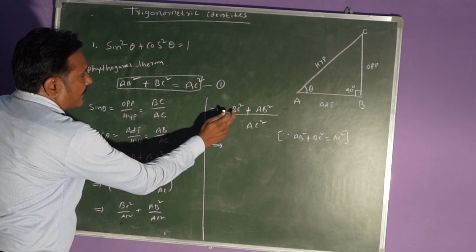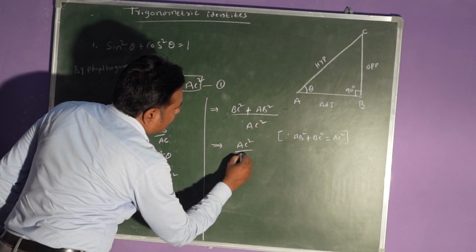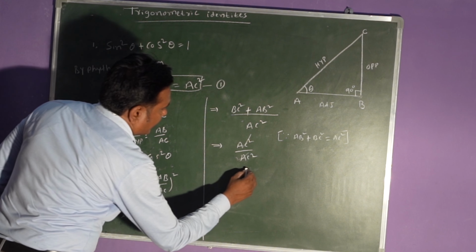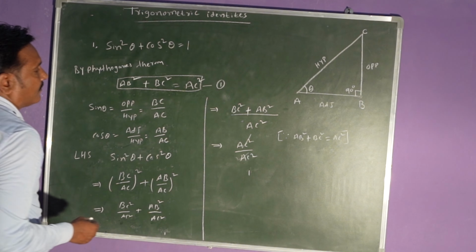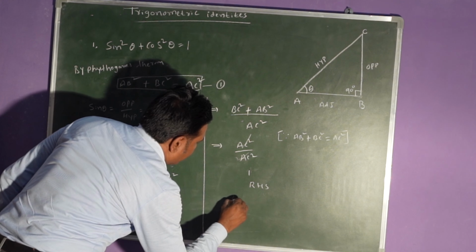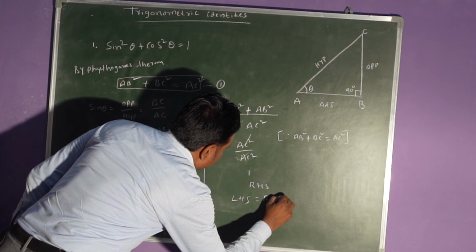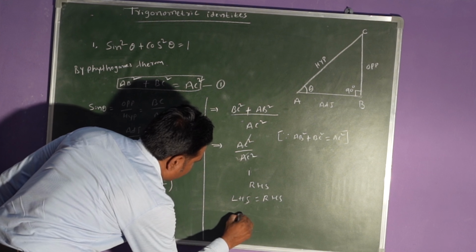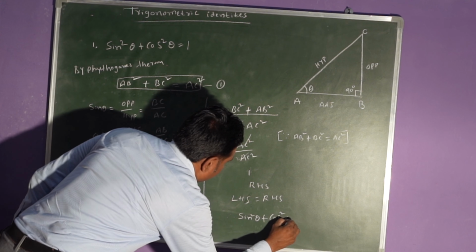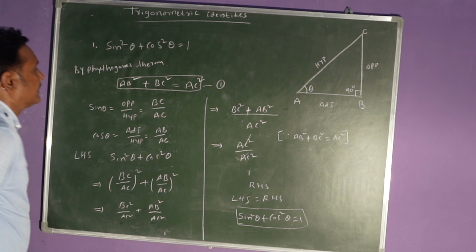The denominator has AC square, and the numerator has AC square, so AC square cancels. The answer is 1, and 1 is the RHS. Then LHS is equal to RHS. Therefore sin square theta plus cos square theta is equal to 1. This is the first identity.